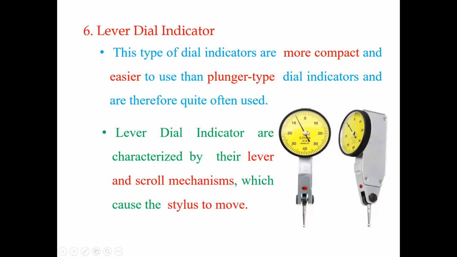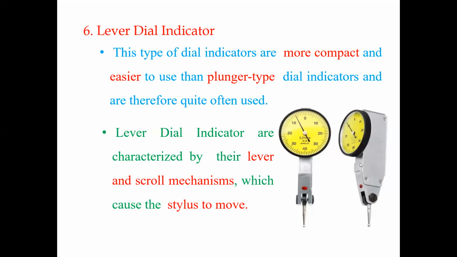From here internally, there exists a lever, and the lever is connected with the scroll, which is nothing but a screw. The variation in the lever is transmitted to the scroll. When the scroll rotates, the pointer, which is connected with the scroll, also rotates along with it.